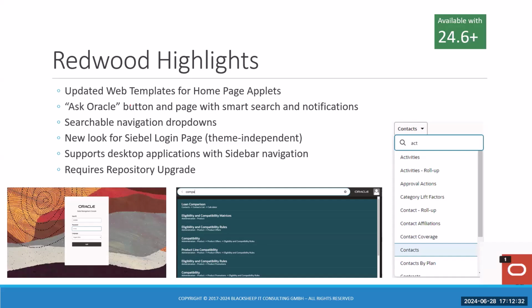It's side menu after all, so you have menus, but they are searchable. You have the new login page. We have sidebar only, and it requires a repository upgrade. So you have to run the repo upgrade to get the necessary web templates and, first and foremost, the manifest data.